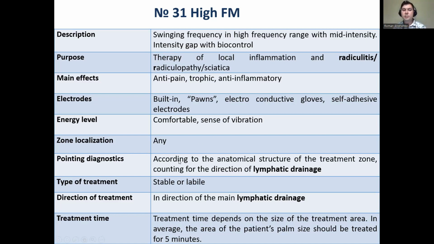Here we treat according to the anatomical structure of the treatment zone and also following the lymphatic drainage direction using the previously provided scheme. In case of radiculitis, sciatica, high pain, acute pain, this is when we have to use the high FM mode.